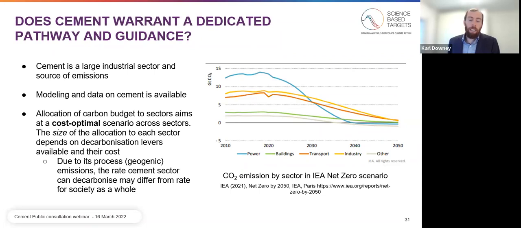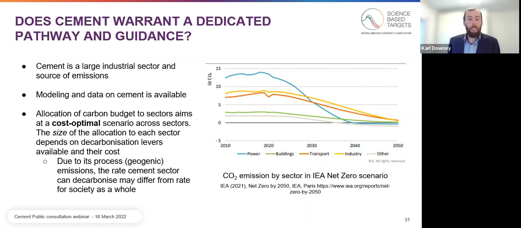And the third reason is that the bottom-up models, IEA's, which are aiming to allocate the carbon budgets through sectors, do this through a cost-optimal balancing of decarbonization levers across sectors. So the size of the allocation that each sector gets depends on the decarbonization levers available in that sector and their cost compared to the same thing for other sectors.